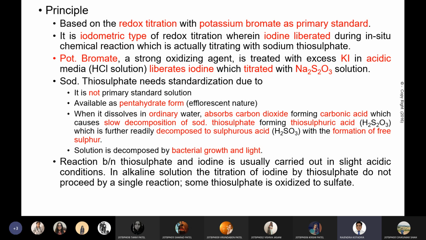So we won't get actual mole by mole reaction between iodine and sodium thiosulphate. That is why it is necessary to perform this standardization in slightly acidic condition.